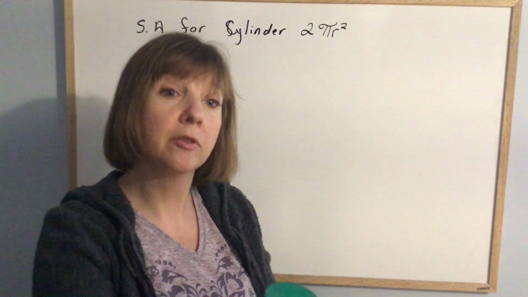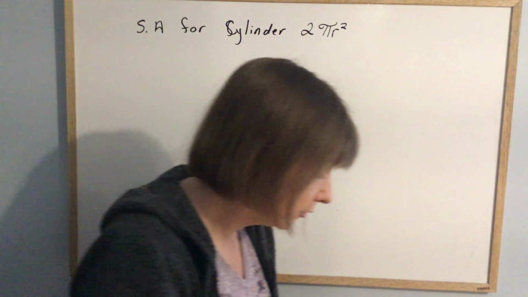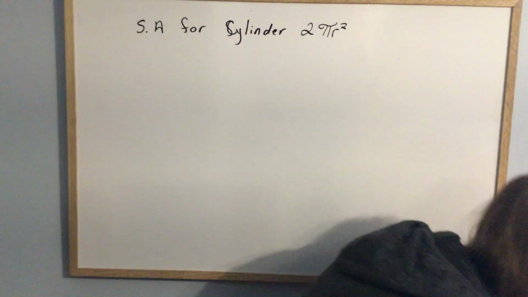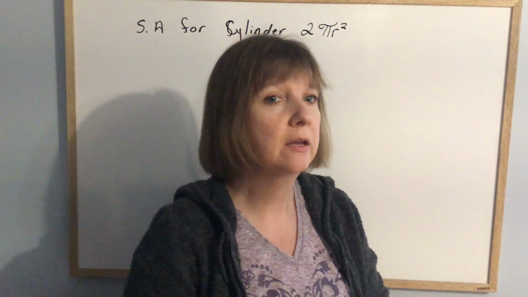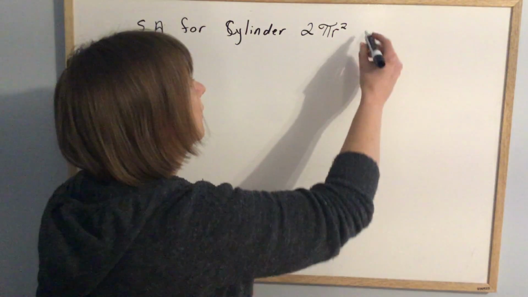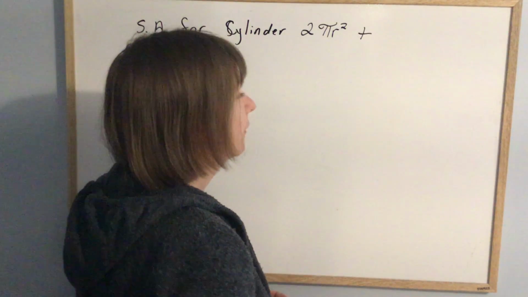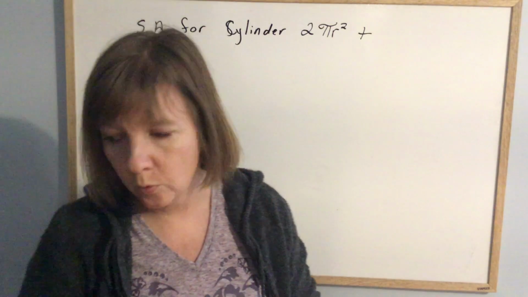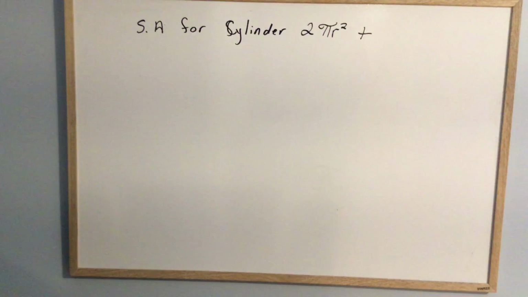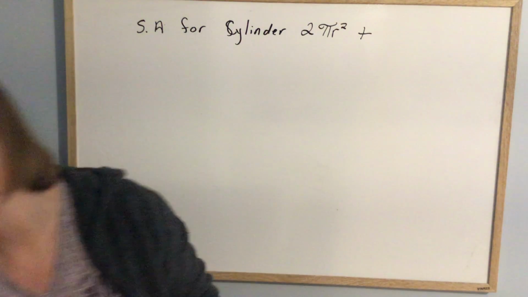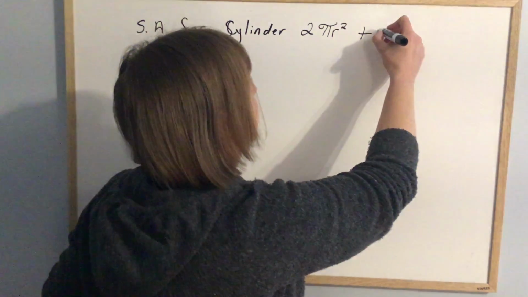In math, that's called the circumference of the circle. So the length is the circumference of the circle, and the formula for the circumference of a circle is just 2 pi r.